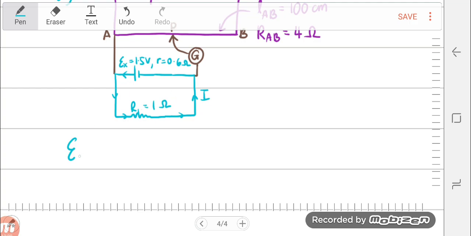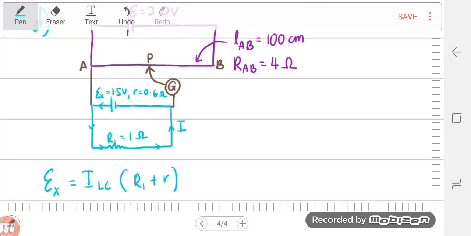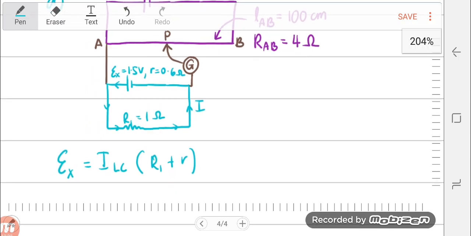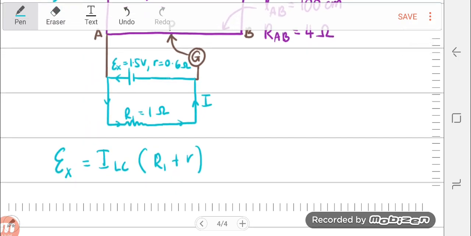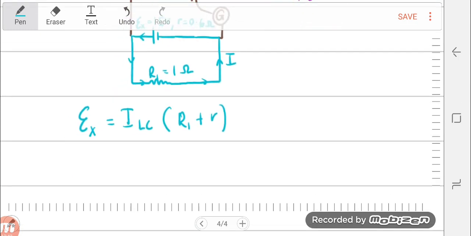So EMF X equals to current for the lower circuit times R1 plus internal resistance. Because although it looks like a parallel, it is actually connected in series. The R1 and the internal resistance are connected in series.